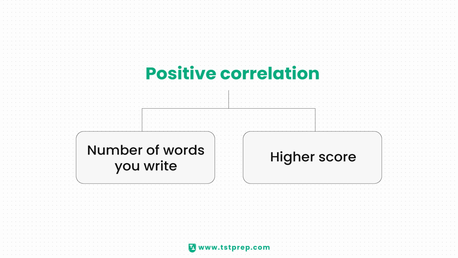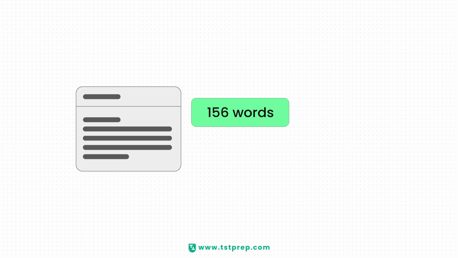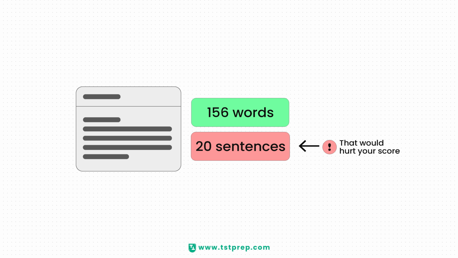If you can only write 120, that's okay, but there seems to be a positive correlation between the number of words you write and the higher your score. So number of sentences, that doesn't mean that you have a lot of sentences. I have 9 here. So this is about 156 words in total, and it's 9 sentences. What if I had the same amount, 156 words, in 20 sentences? That would hurt my score.